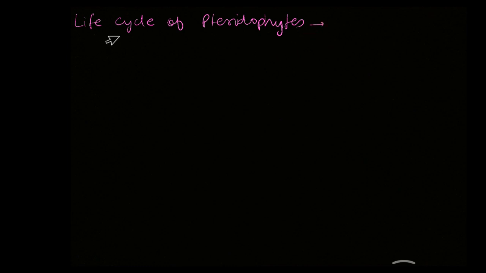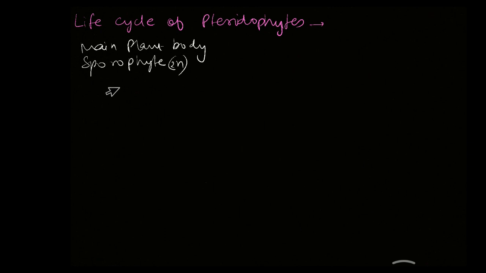The main plant body of pteridophytes is the sporophyte, and we know that the sporophyte is a diploid structure. This sporophyte is made up of root, stem, and leaves.